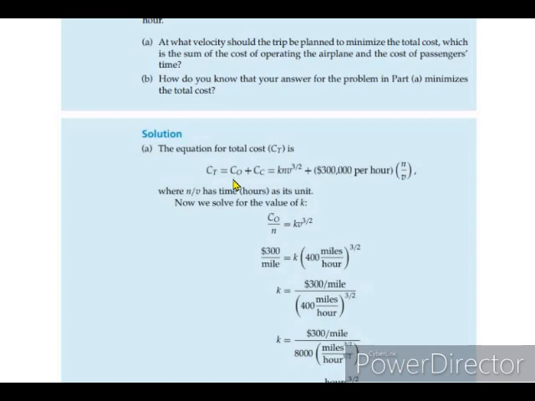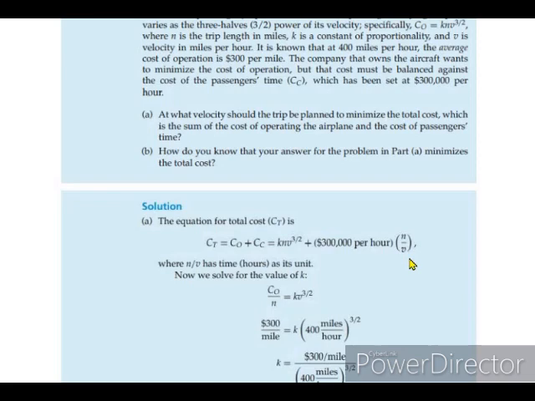So C sub T is equal to C sub O plus C sub C, which is equal to k n v raised to 3 halves, where C sub O is k n v raised to 3 halves, while C sub C is $300,000 per hour times n over v. So n over v has time in hours as its units.